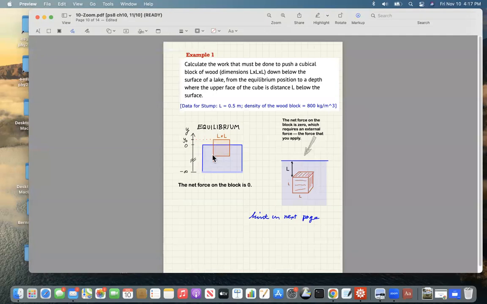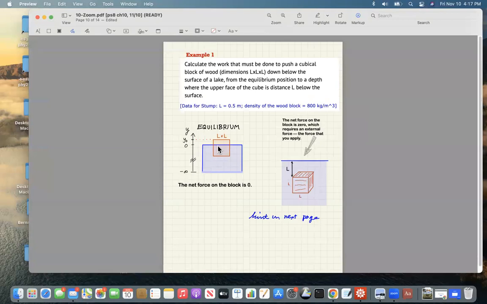So you have a block, let's say a cube of wood, it'll float in water. So here's the equilibrium, the block floating in the lake. And for that, the net force on the block is 0. It's just floating there.